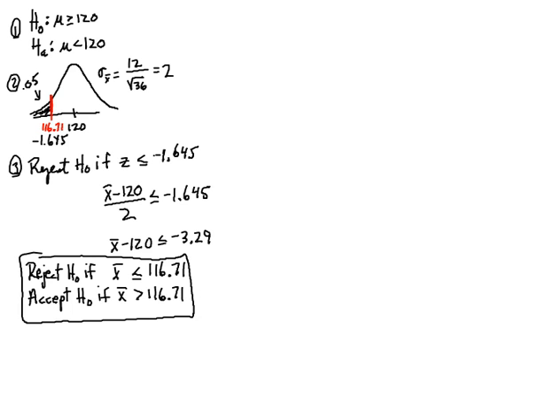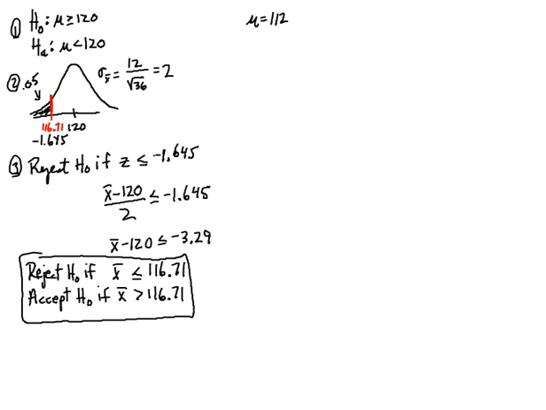Now, I'm going to try to analyze this problem for type 2 error. And as you know, type 2 error is accepting the null, and it turns out that the null is wrong. So I'm going to investigate the probability of making a type 2 error based on different values of the population mean. For example, suppose that the actual population mean is 112 hours.